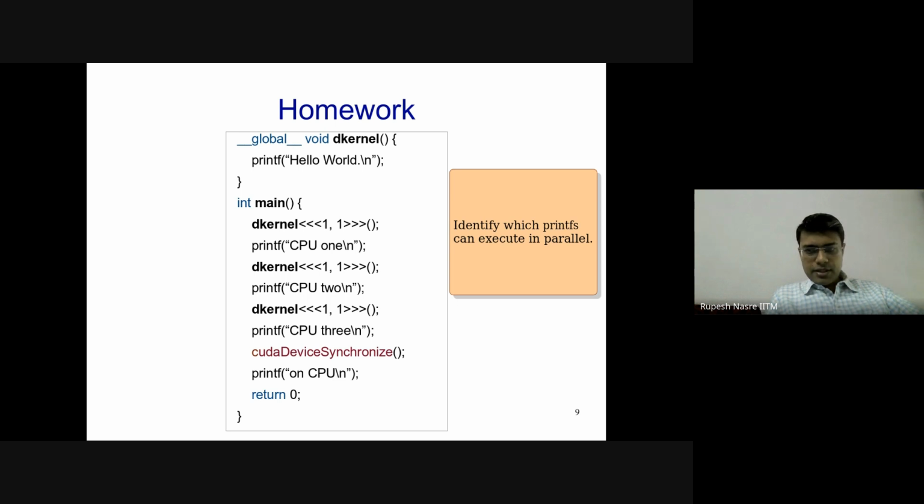Maruti Sairam says kernel 1 first, and then kernel 2, CPU 2, kernel 3, CPU 3. I see. Binong says printf CPU 1, 2, 3 and kernel calls are parallel. Abhishek says CPU 1, CPU 2, CPU 3 in sequence, and that is in parallel with hello world on the GPU. Trirak says CPU 1, 2, 3 and 3 hello worlds. Okay.